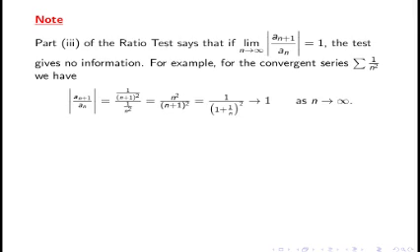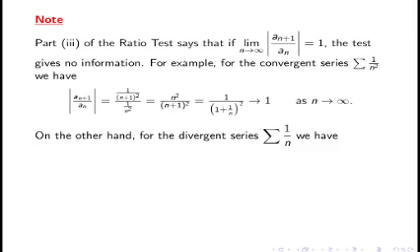So that expression goes to 1 as n goes to infinity. And now we know that that is a convergent series. So here we've got an example of a convergent series where the limit of that test expression is 1.